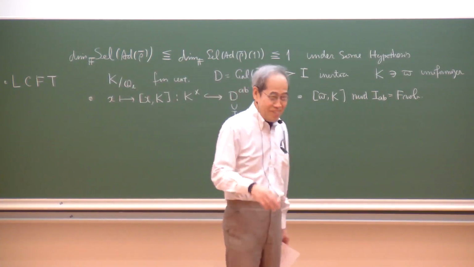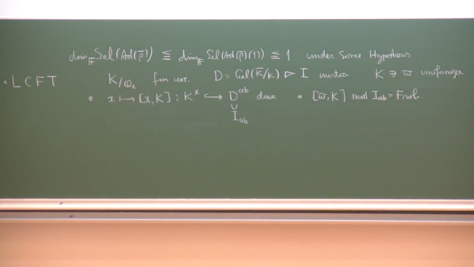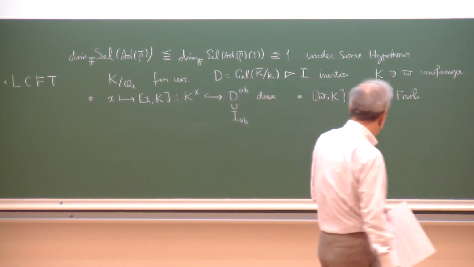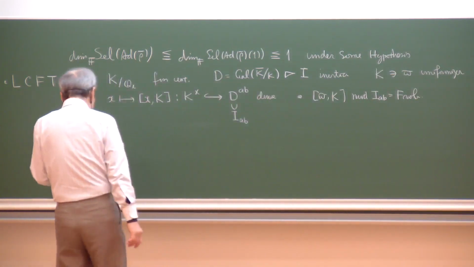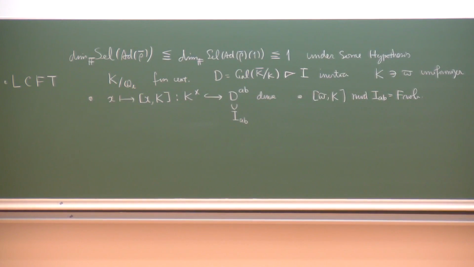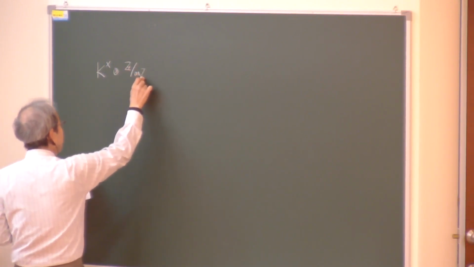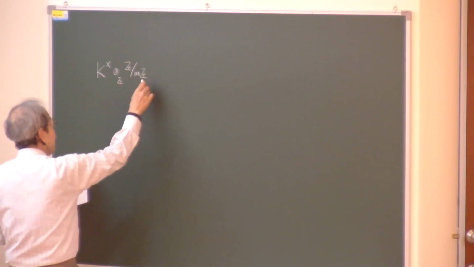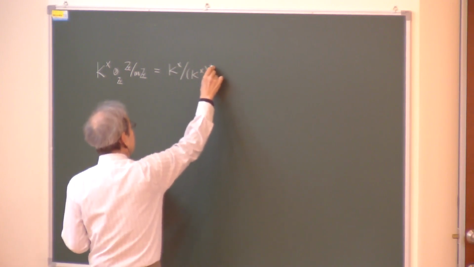It doesn't matter, because if you are an arithmetician, you just take arithmetic. If you are a geometer, take geometric. Then by the Artin symbol, this I will use later, so I will keep it here. K cross tensor Z over m Z. So this is by definition K cross modulo K cross to the m, m a positive integer.